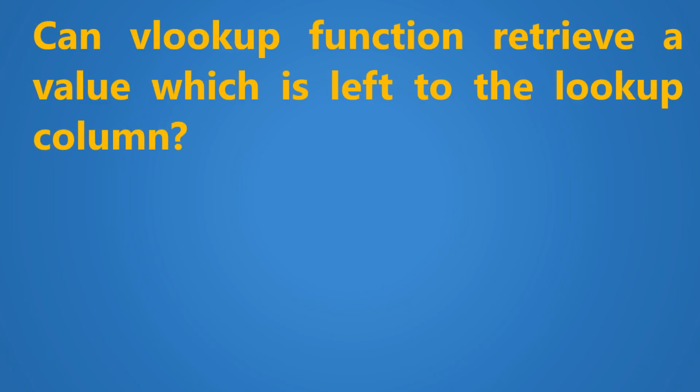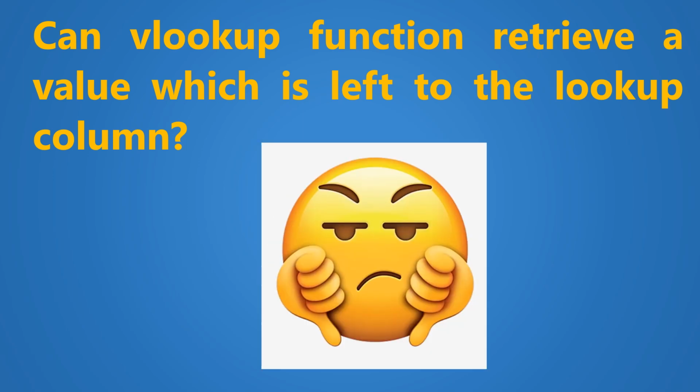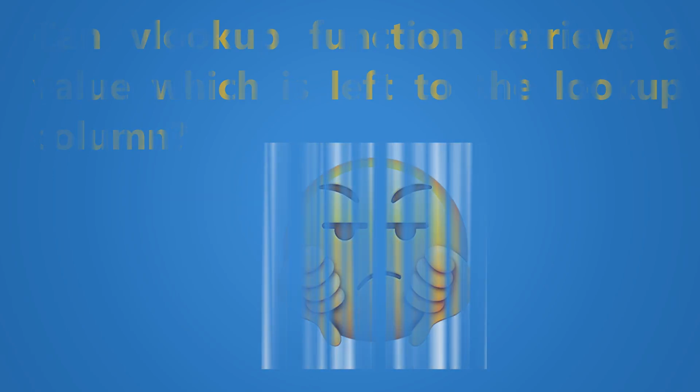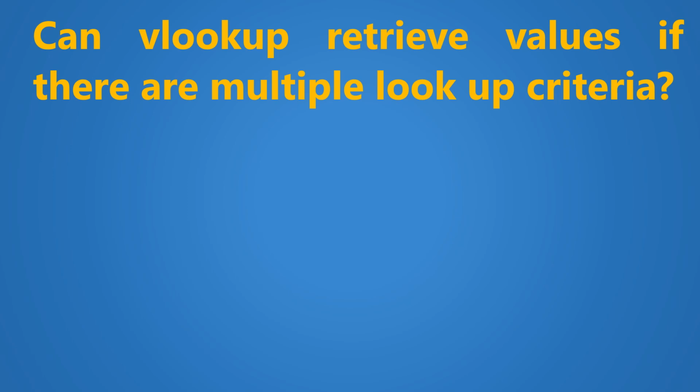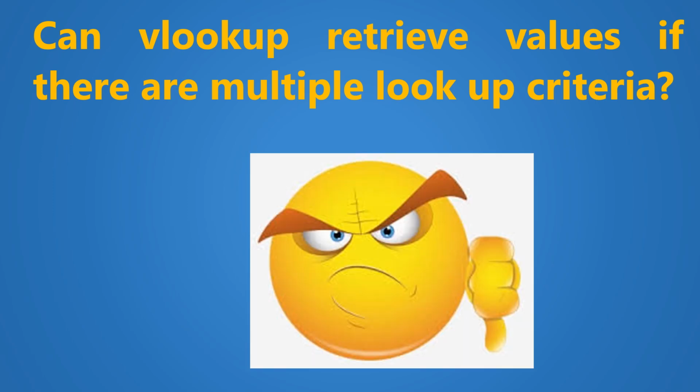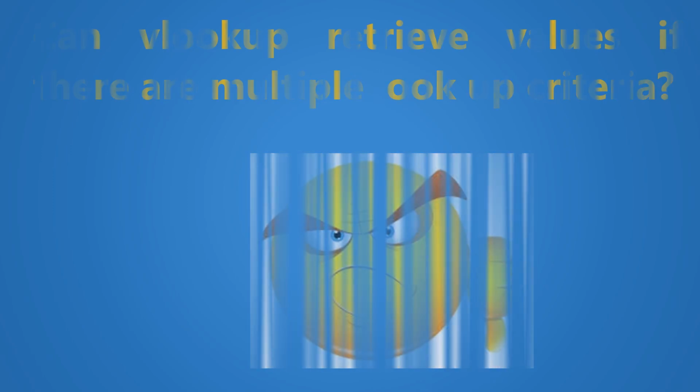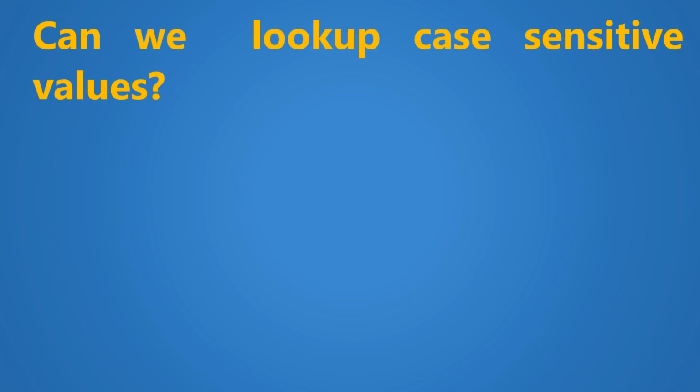Can the VLOOKUP function retrieve a value which is to the left of the lookup column? No. Can VLOOKUP retrieve the values if there are multiple lookup criteria? Nope. Can we look up case-sensitive values with VLOOKUP? No.